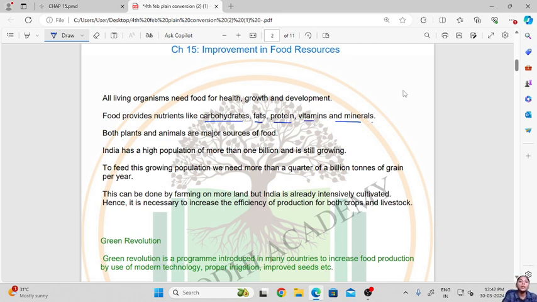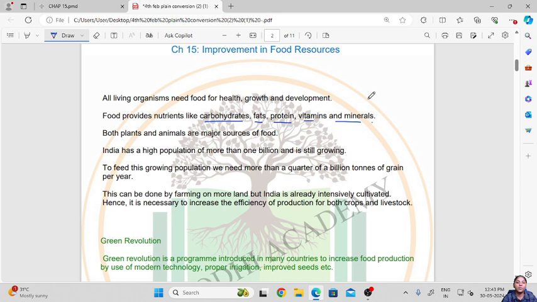Now the improvement or the increase in food production can be done by increasing the land on which the crops are cultivated. But India is already a very intensively cultivated country. In our India, agriculture is already done very intensively, so there is not much land which can be further adapted for agriculture.